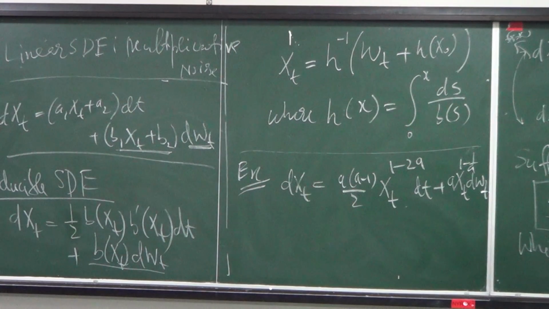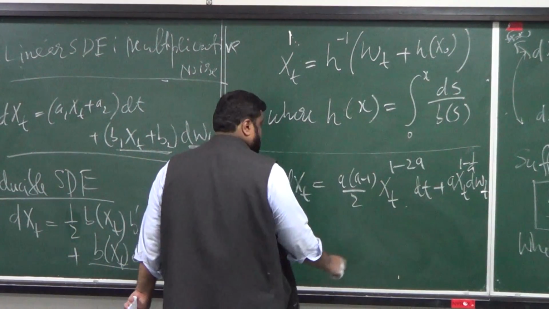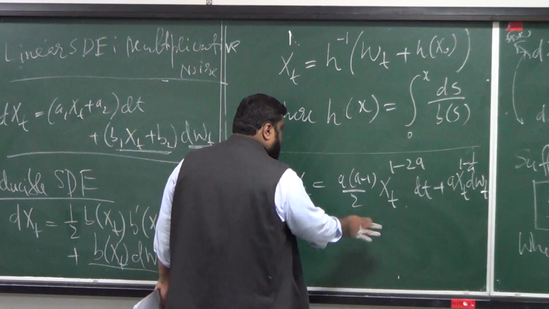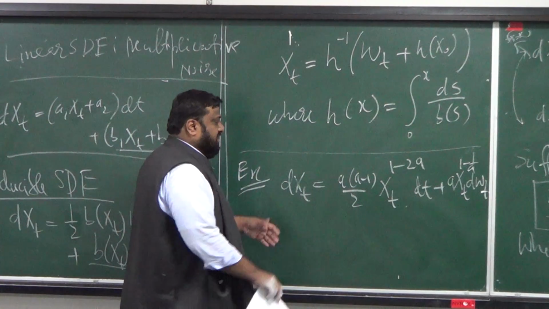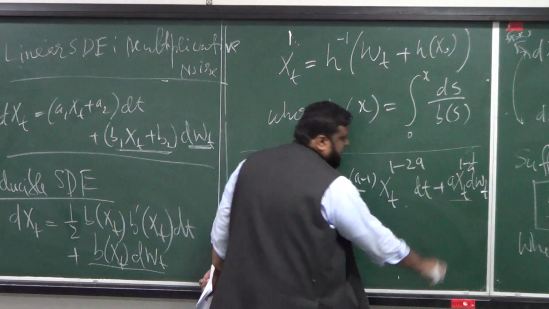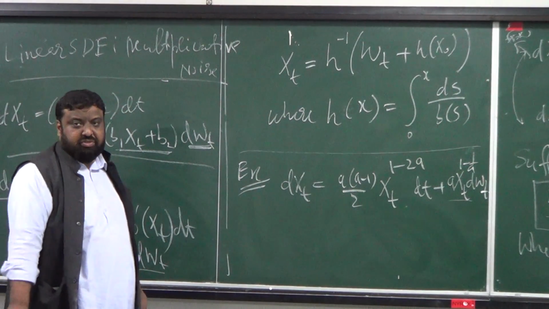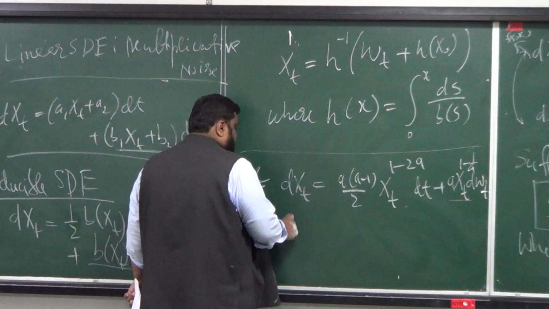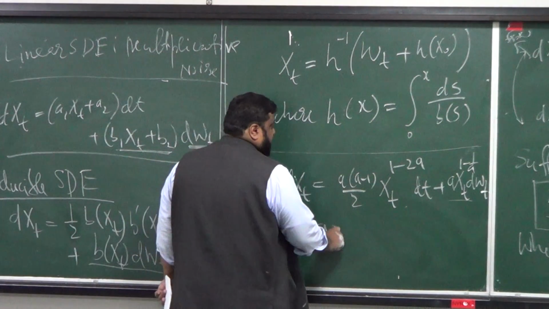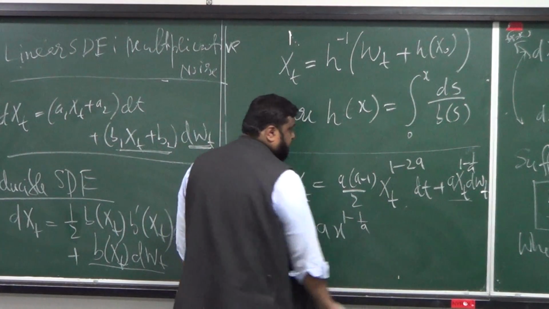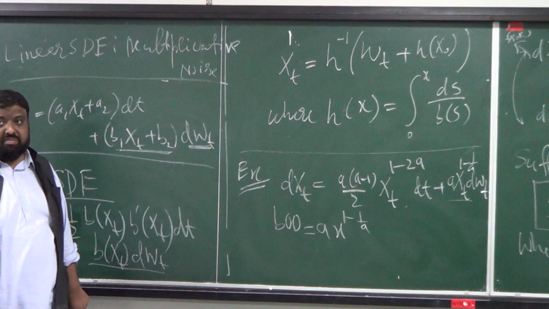So my claim is that if you take the process in the diffusion and define a b corresponding to it, the b is going to be a x to the power 1 minus 1 over a. So this is really the b of x, or b of s.